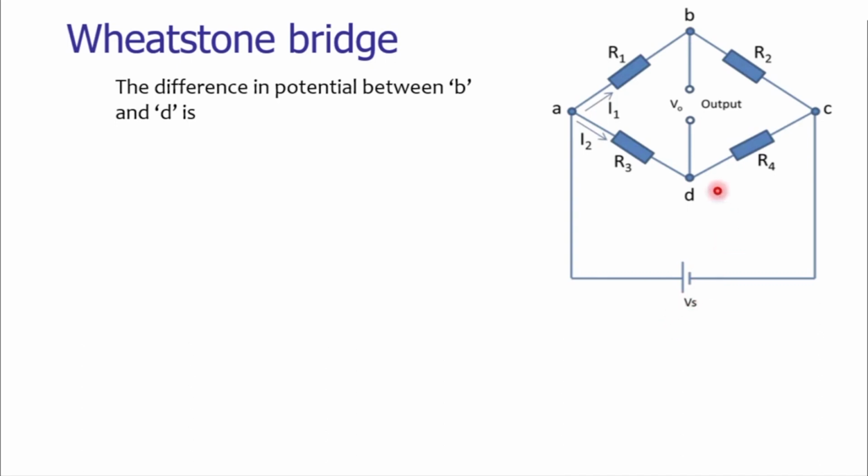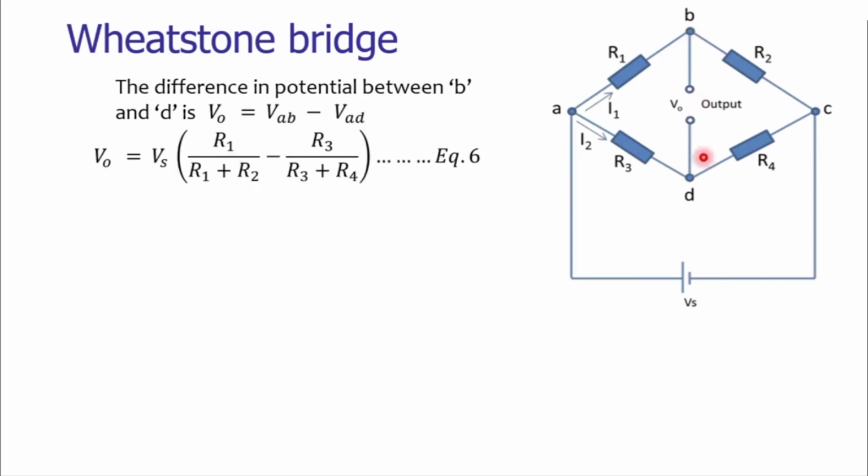Now let us find out the potential difference between points B and D. The potential difference between B and D is the output voltage VO. So I can write the output voltage VO as the difference of the voltage across points A and B, VAB, minus the voltage across points A and D. So VO is equal to VAB minus VAD.